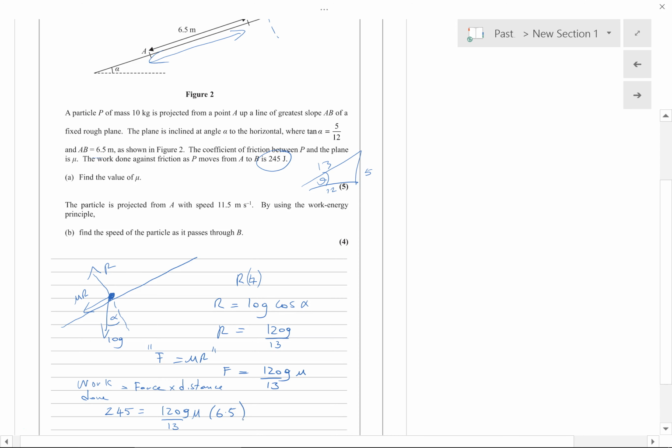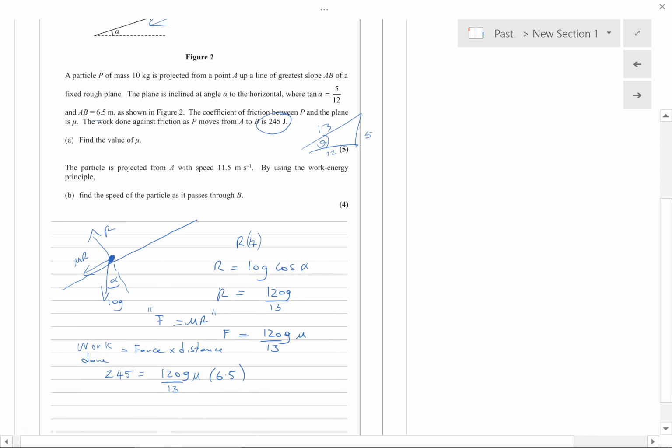Okay, now you'll forgive me for just doing a bit of cancelling here rather than going straight to my calculator. We've got 245 is equal to 120/2, because 6.5/13 cancels with 2, times 9.8 times mu.